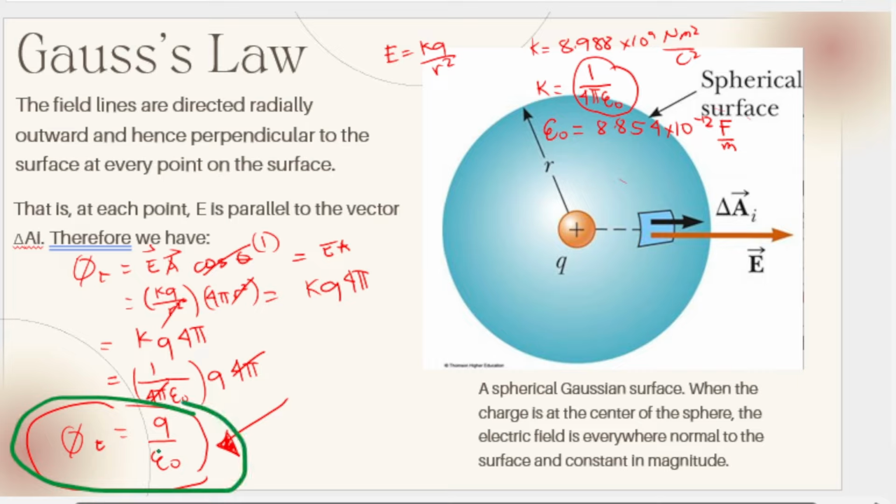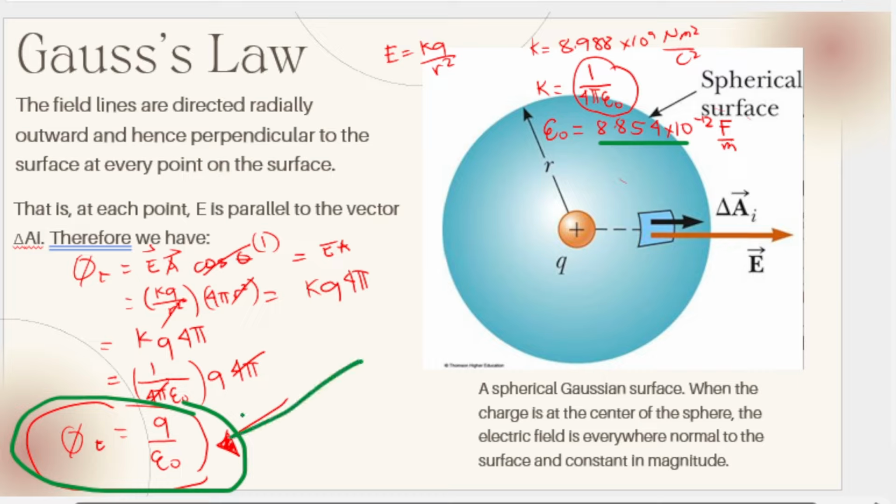That is Q over epsilon naught, where your epsilon naught is 8.854 times 10 raised to negative 12 C squared over Newton meter squared. Okay. Tama ba? Okay. So yes, that is the derivation of the Gauss law.